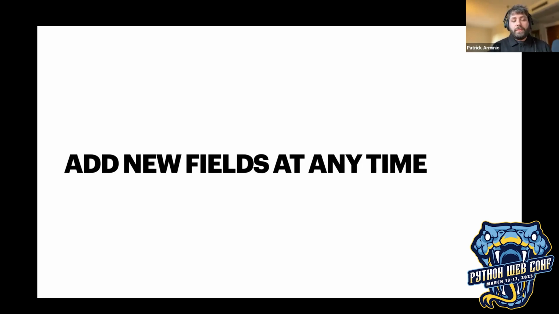So, for example, in REST APIs, if you add a new field to an endpoint, this field is going to be sent to all the previous users of the endpoint, which sometimes is not what you want, and usually is not what you want. And you end up having to maybe do versioning, different versions of the API, which sometimes is a pain. So with GraphQL, you can add new fields at any time, and you don't have to worry about that too much.